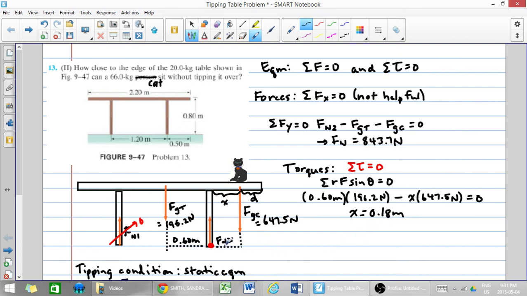All right. So given that this whole distance from the table leg to the edge of the table is 0.5 meters, then this d that we want to know will be 0.5 meters minus 0.18 meters, which is 0.32 meters.